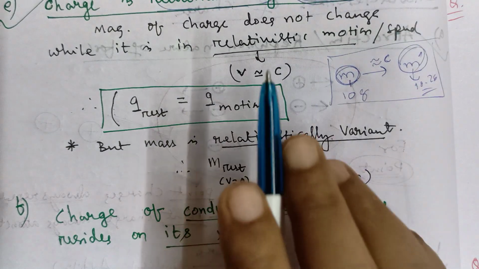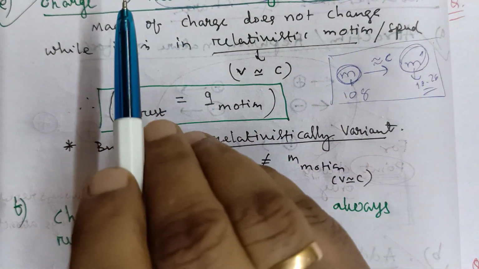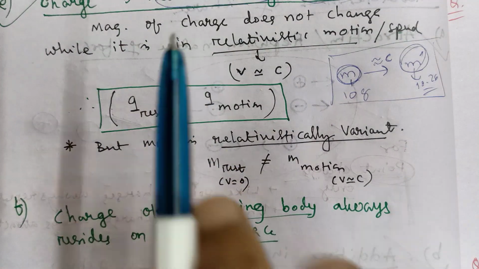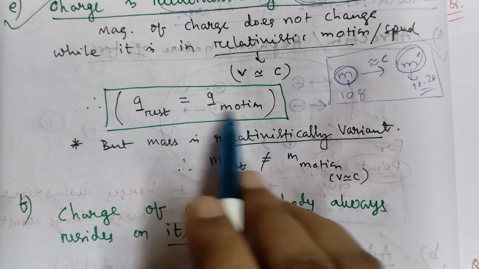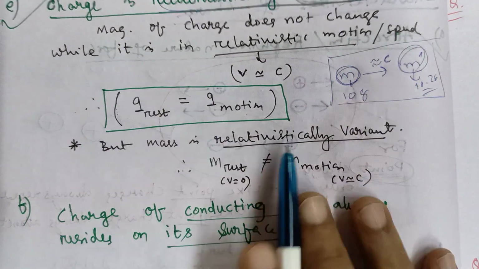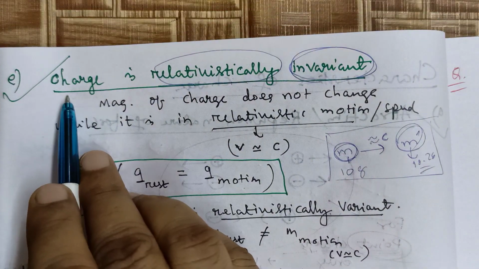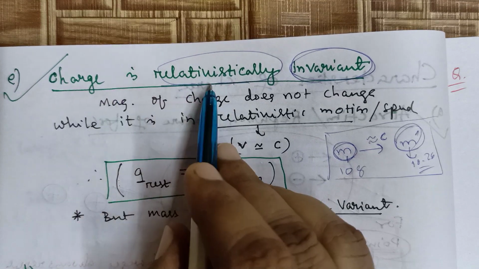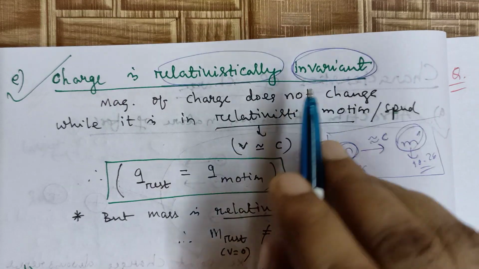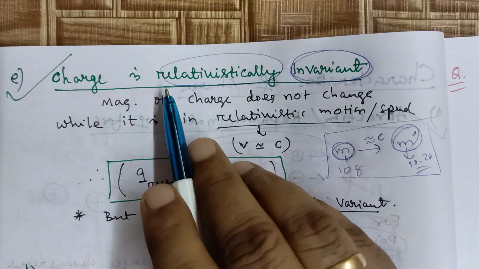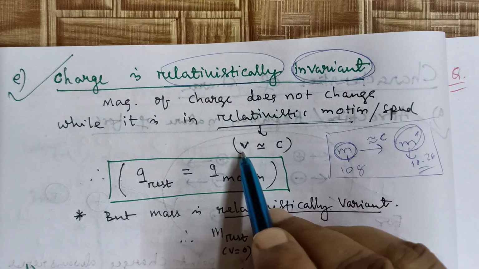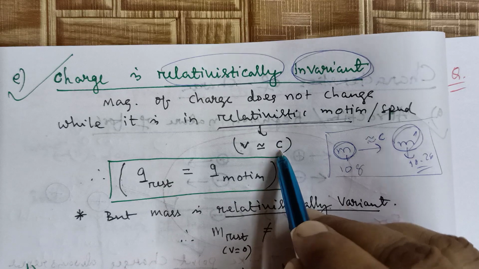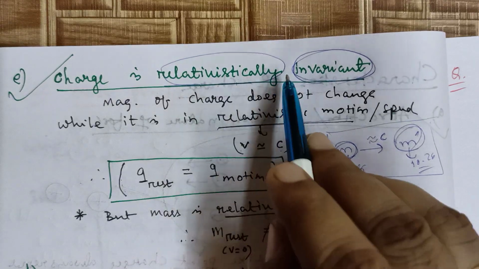But in the case of charge, if this pen has a charge of 2 coulomb and it moves with relativistic speed, that means speed equivalent to light, then its charge does not change. That's why this very important property is written: charge is relativistically invariant. Simply, when a charged body moves with relativistic speed, then the charge of the body does not change.